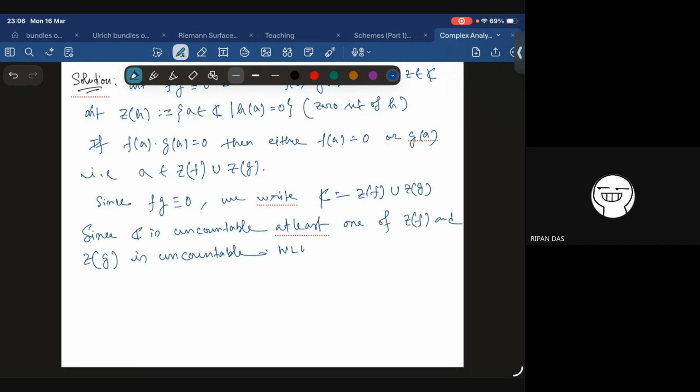Without loss of generality, let Z(f) be uncountable. See, I will prove a small lemma here, because after that I'm going to do another problem using that particular lemma. Okay, not exactly a lemma, you might see it as a small observation.